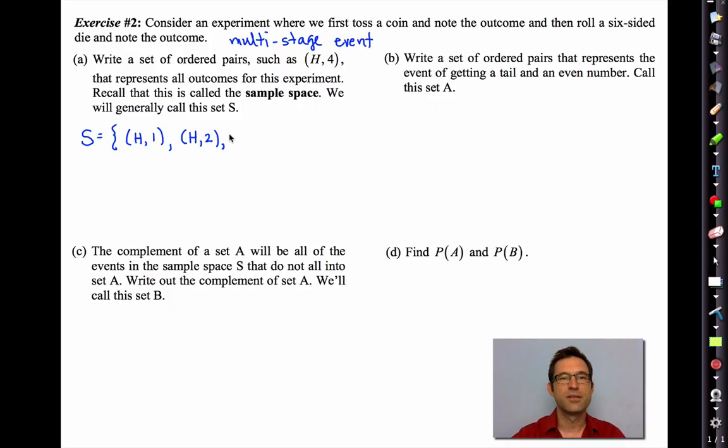All right. It's pretty easy, right? We could get a head and then a 3. We could get a head and a 4. We could get a head and a 5. And we could get a head and a 6. Then, of course, we could get a tail and a 1. We could get a tail and a 2. A tail and a 3.